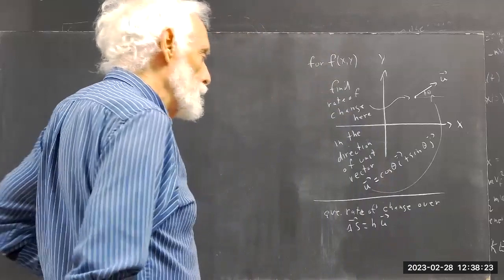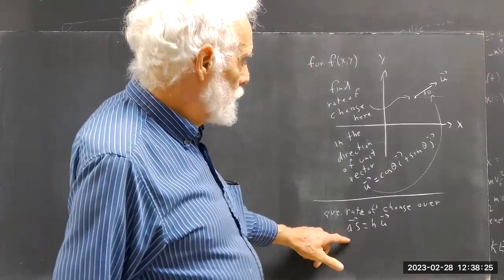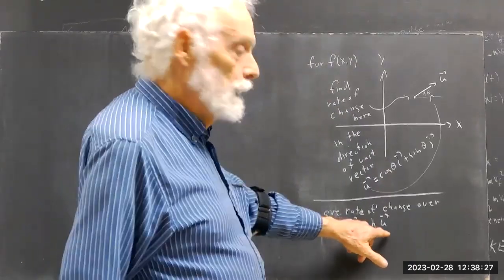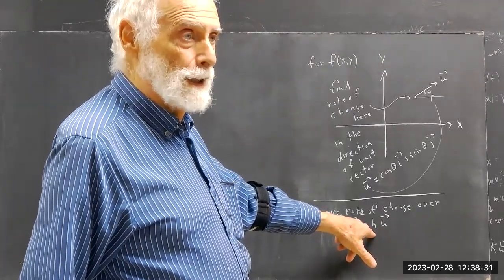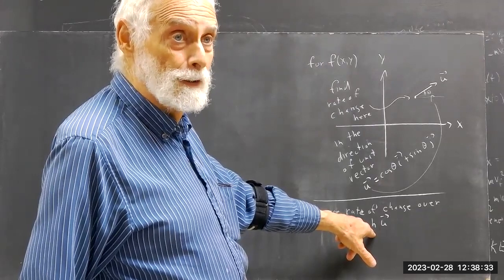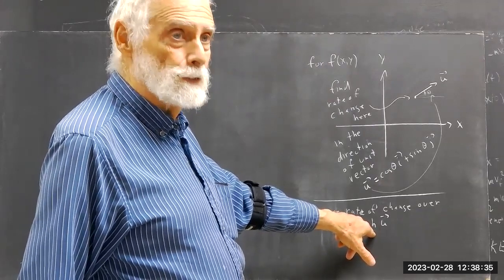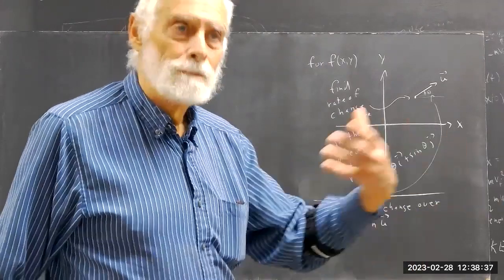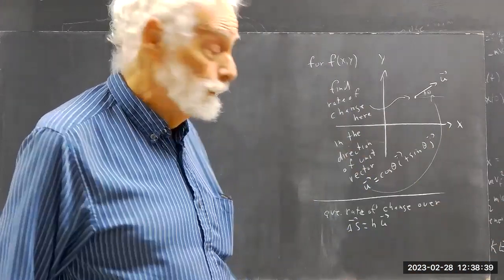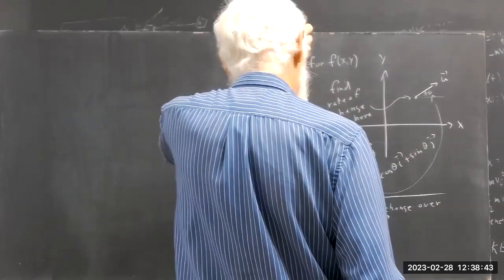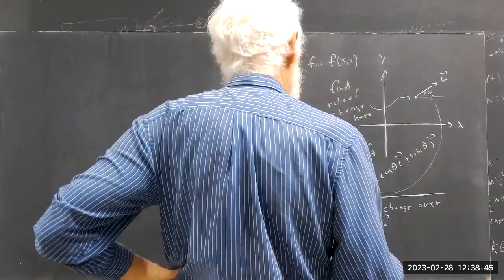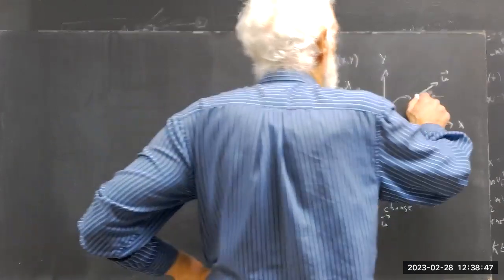We find the average rate of change over a displacement delta x equal hu, where h is something that we allow to approach zero to get the instantaneous rate of change. So we're just mimicking what we do with the definition of any rate. Let's say this point is x naught, y naught.